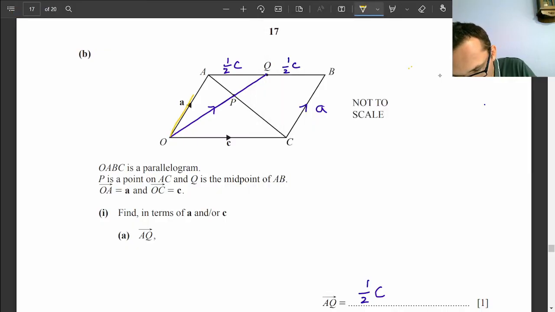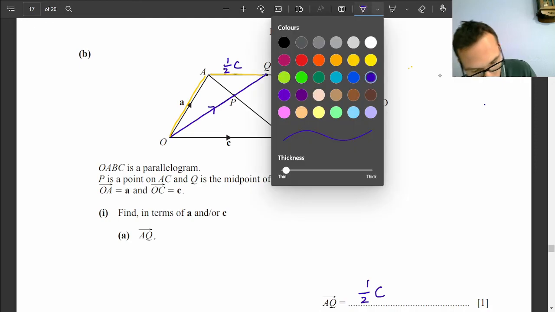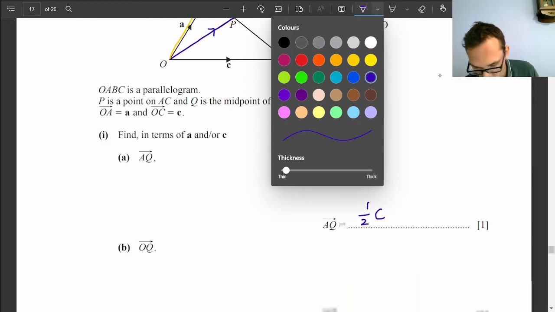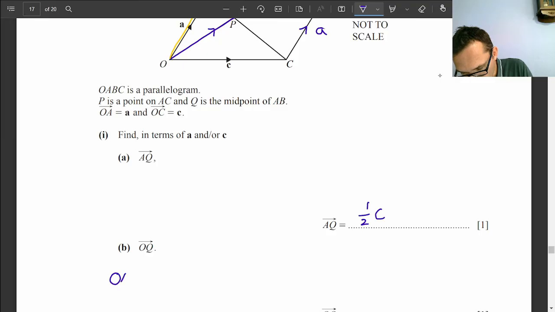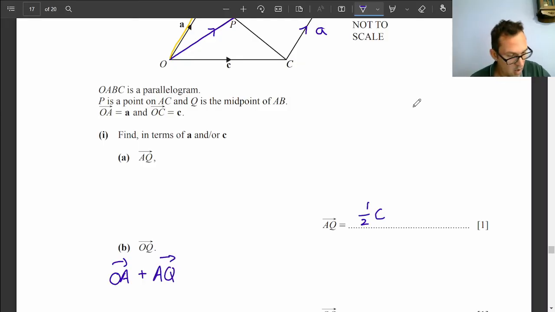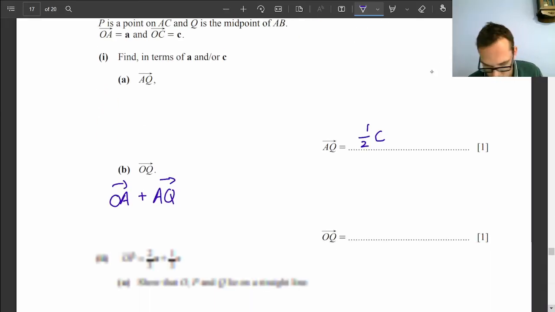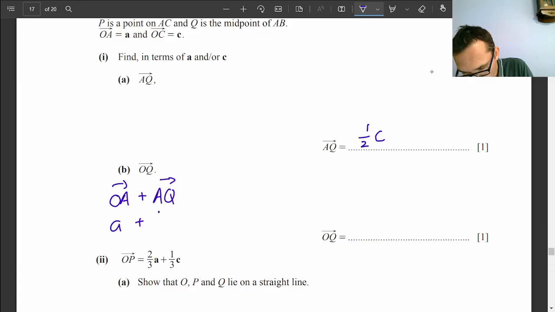That will be from O to A and from A to Q. Okay, write that down. So we take the path from O to A plus A to Q. O to A being a, and A to Q, we just got that's a half c. So that's a plus a half c.